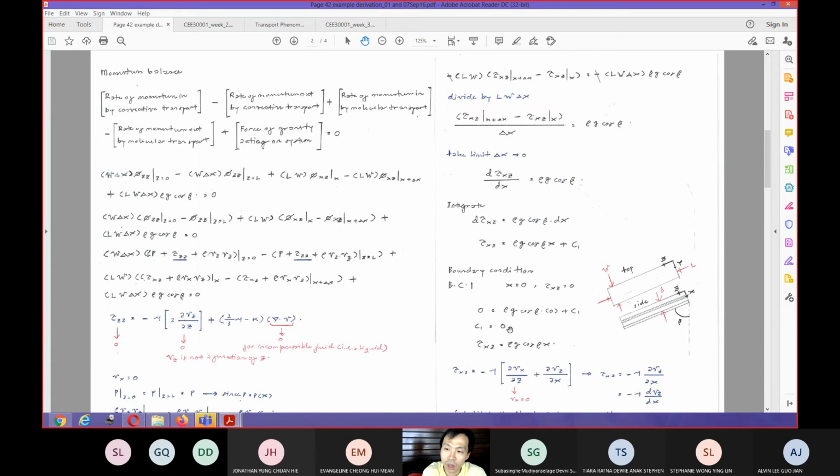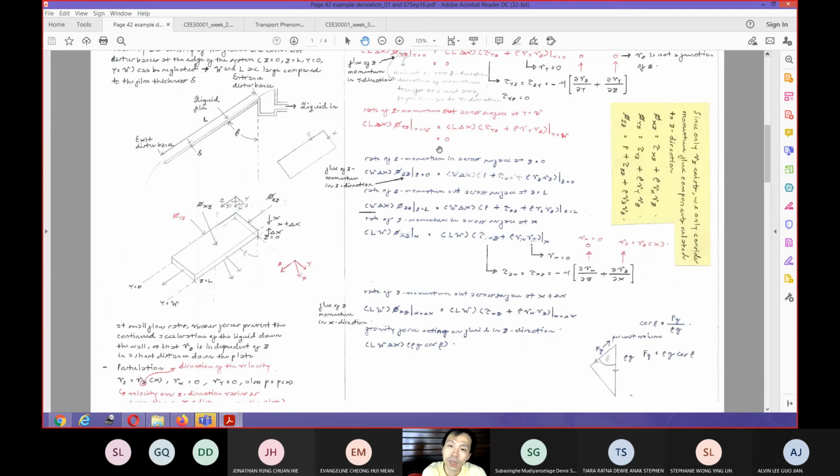So this gives you the constant of 0. Your tau xz is a linear function in the form of rho g cos beta x. So at the position of x equals 0, on the top in here, your shear stress will be 0.